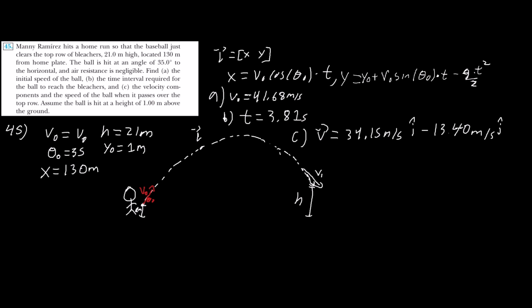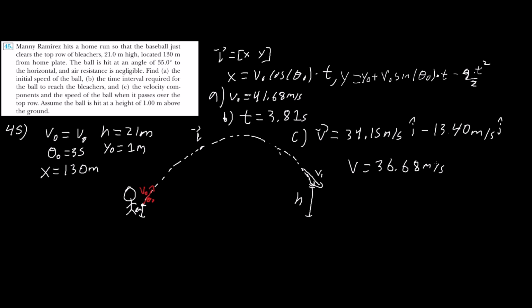So the magnitude of the final velocity is going to be 36.68 meters per second. Now let's take the tan inverse. I'm going to put that as positive because I don't really care about the negative.